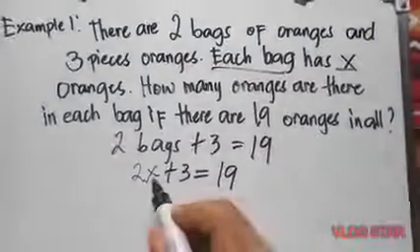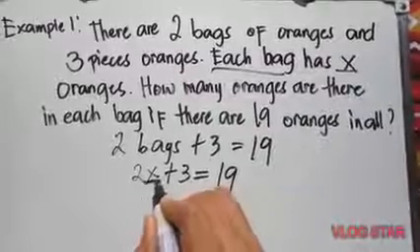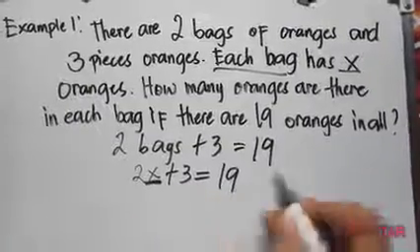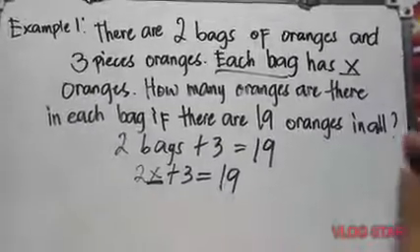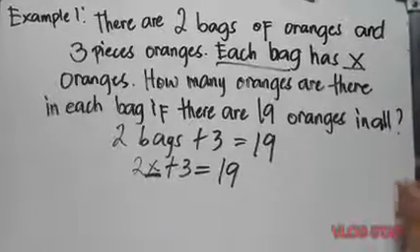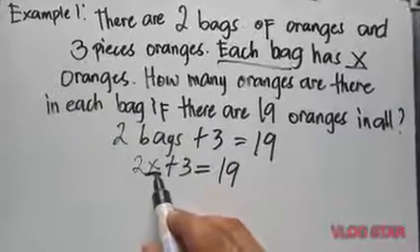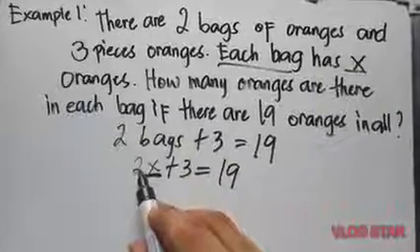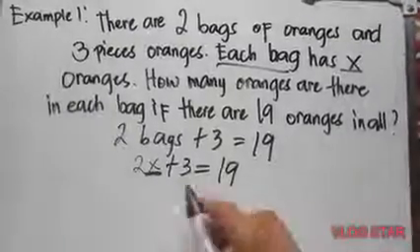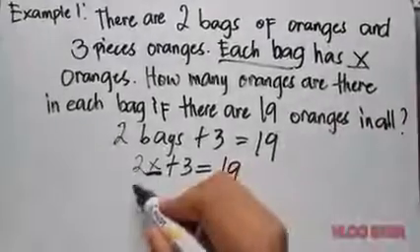So it means that if you multiply this one with 2 and add 3, the answer must be 19. So how can we get that? We can think of a number that, when you multiply it with 2, plus 3 is equal to 19. Let's try 6.